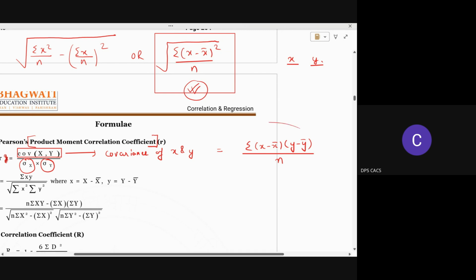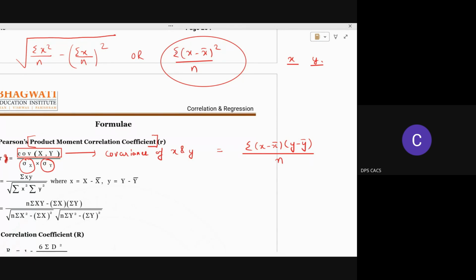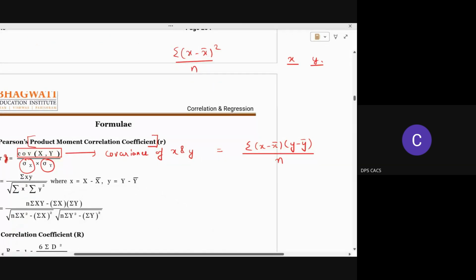You don't have to learn this formula, you can understand it very easily. Tell me, if I remove the root from this formula, what is the formula? Standard deviation will become variance. Yes or no? We have done it together. If you remove the root, that will become a variance formula. But variance of which variable? X variable. But can I write this as x minus x bar into x minus x bar?